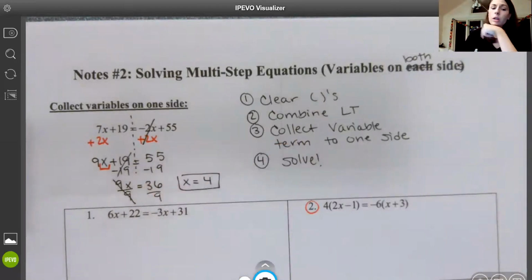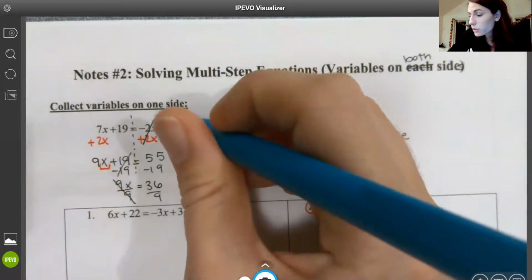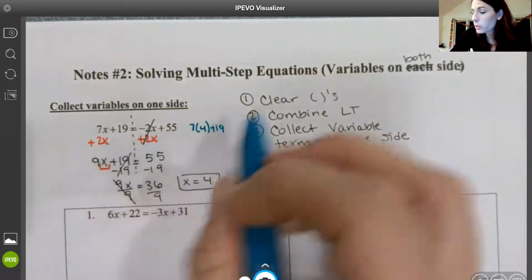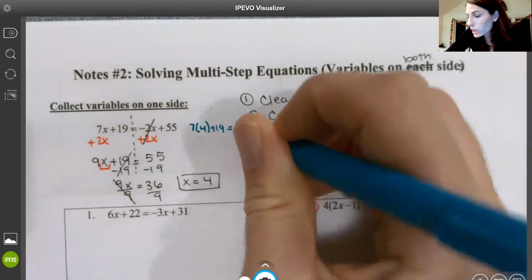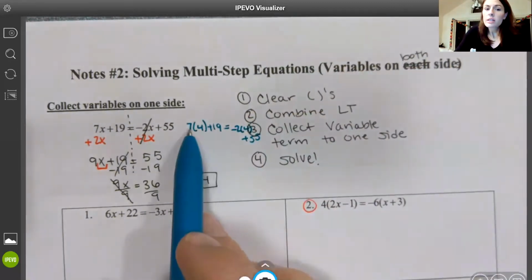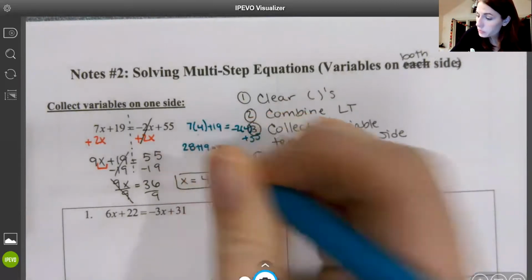And just like before, we can go back and check it. Good idea to check things when you have variables in a whole bunch of spots. So if I went back and I checked 4, then that would mean I'd have 7 times 4 plus 19 equals negative 2 times 4, I totally ran out of space, plus 55. 7 times 4 gives me 28 plus 19.